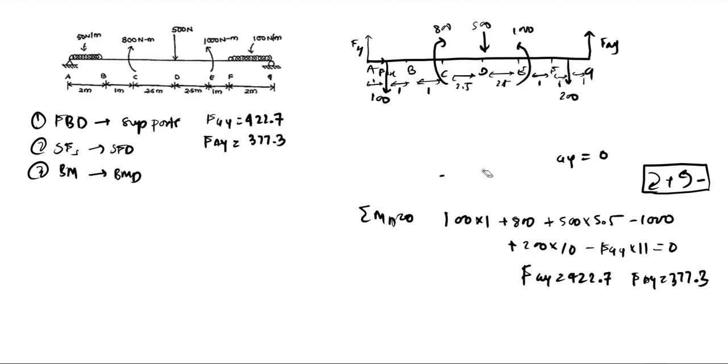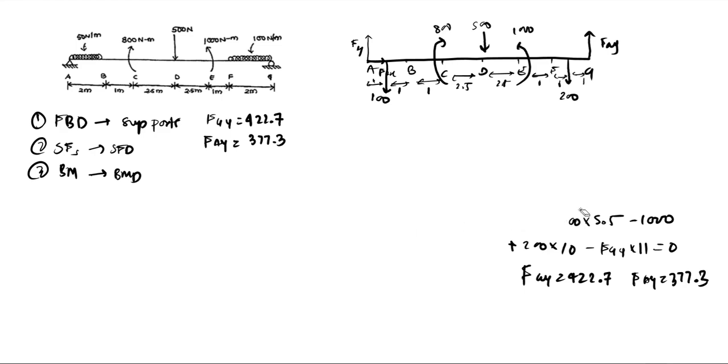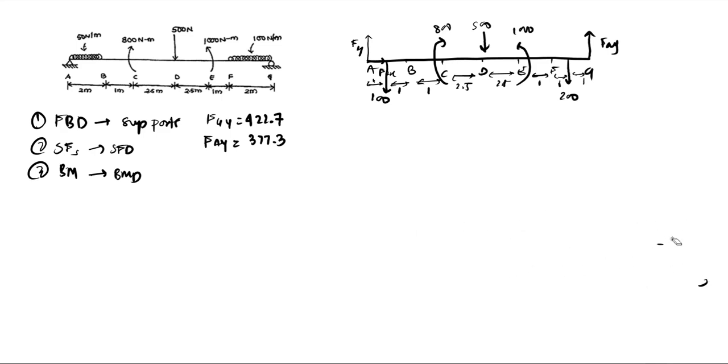Now we can find the shear forces at every point. For that you need to follow a sign convention. I will tell you the sign convention which we will follow. For shear force at a particular cross section, if you are considering all the forces on the left side, then you need to consider upward forces as positive and downward forces as negative.